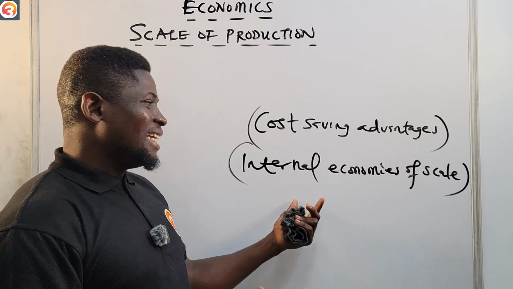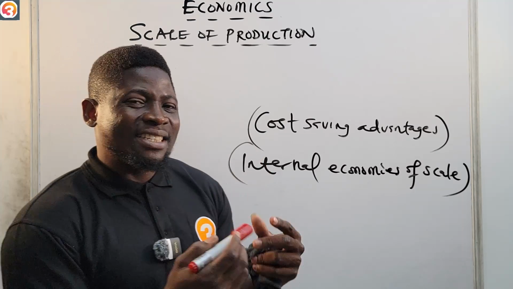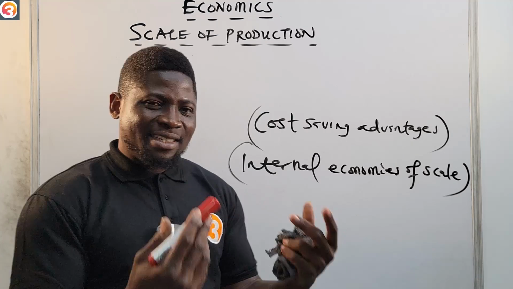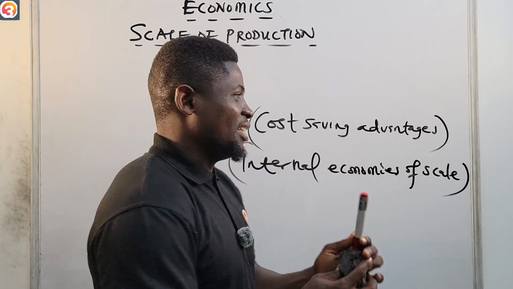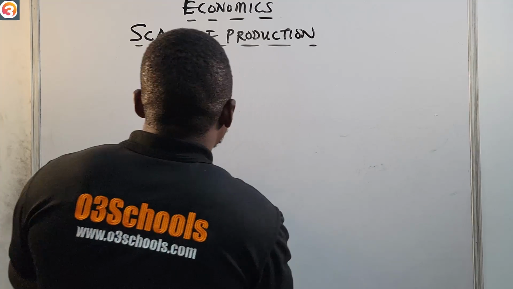Let me go back again and say: they are cost-saving advantages that firms enjoy when they operate on a large scale, and we call that internal economies of scale. So as a firm increases its scale of production, or begins to operate on a large scale, they begin to enjoy many advantages. Let us look at these advantages one after the other.